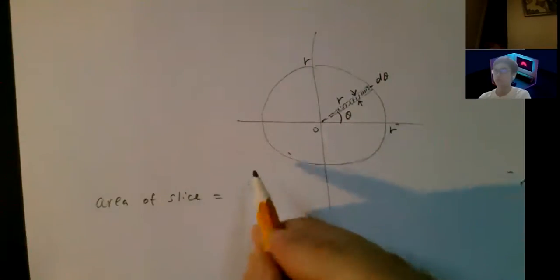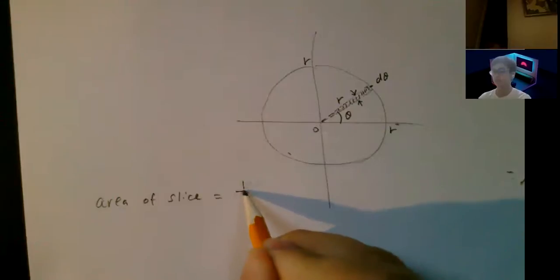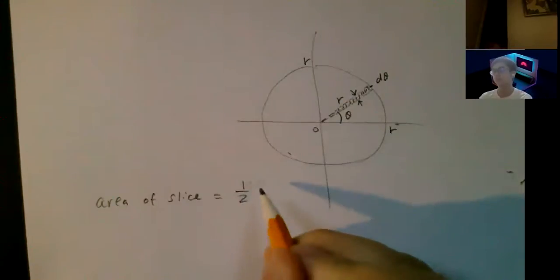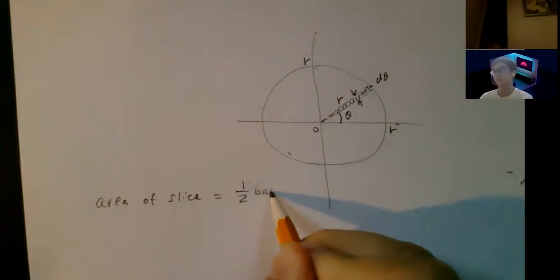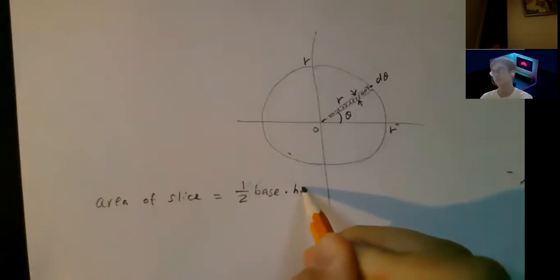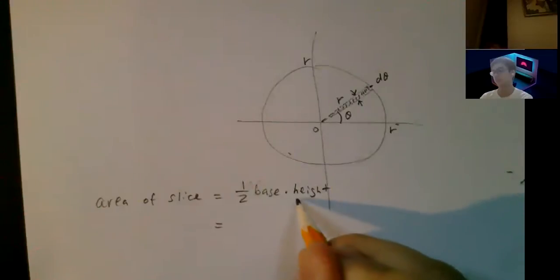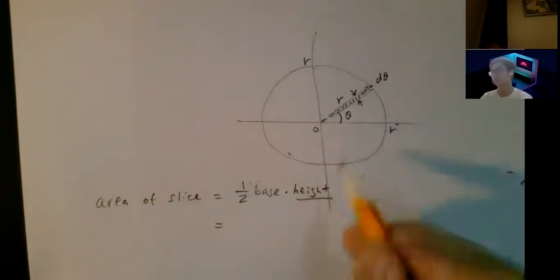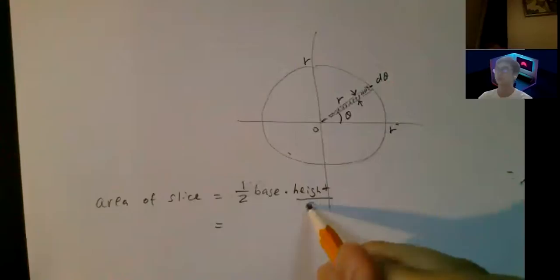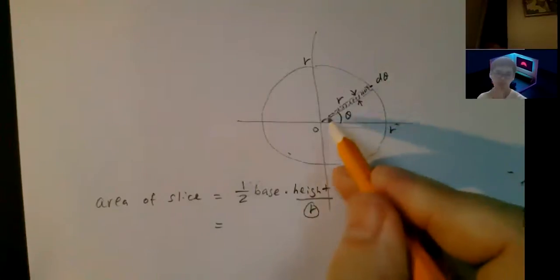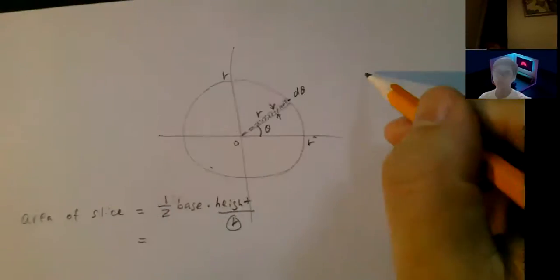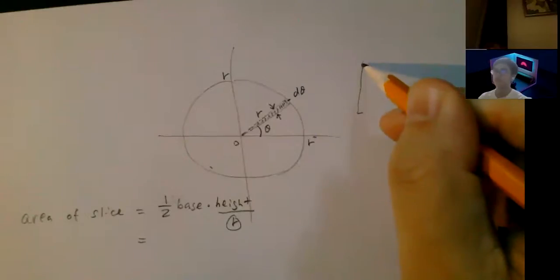So it's 1/2 base times height for this slice. The height for this slice is R, right? This is the slice of the triangle.